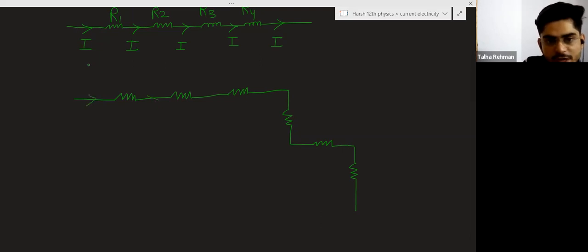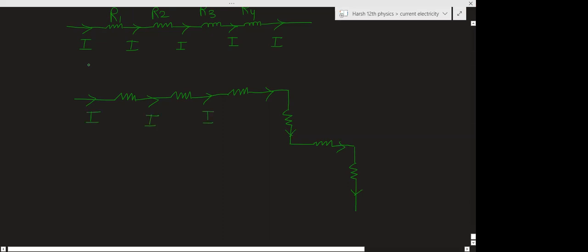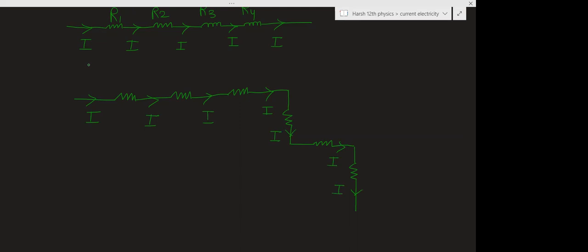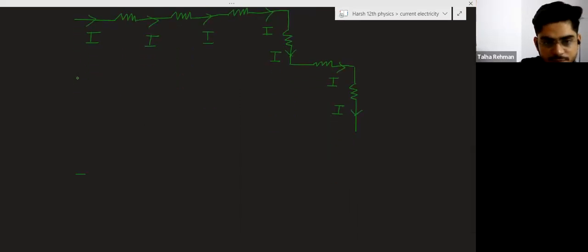So here also the current will be same in this wire. In this wire also the current will be same because there is no branching in this wire. Current is same.